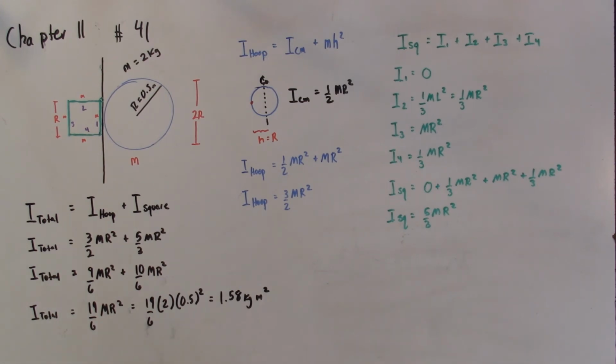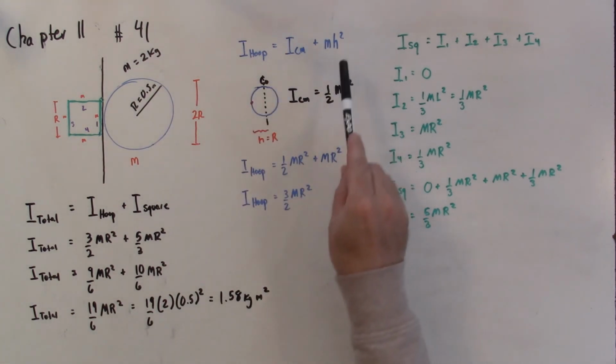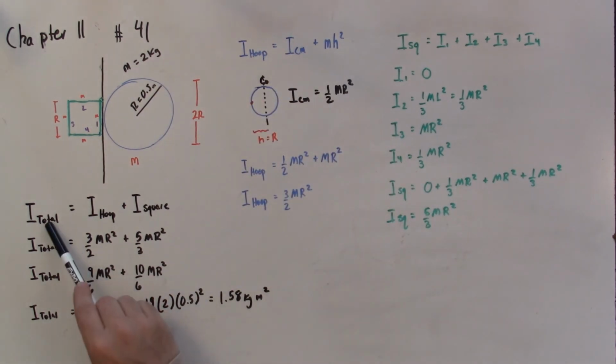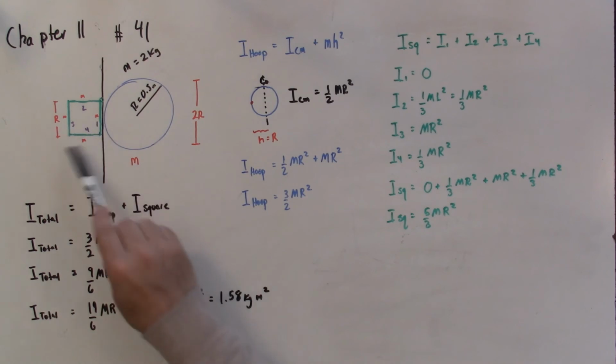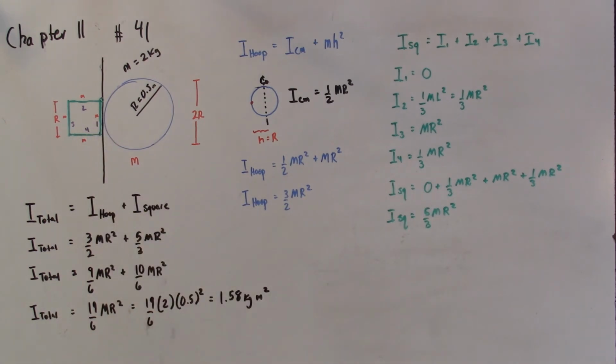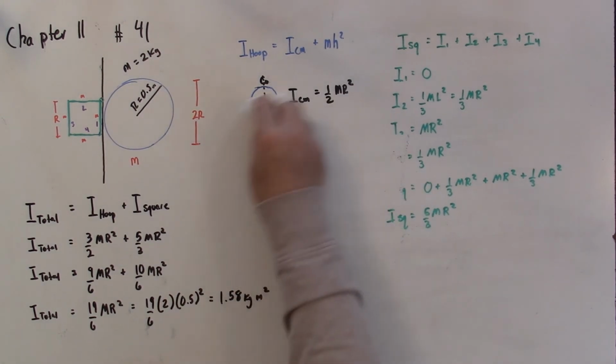Straightforward enough, but you had to know the parallel axis theorem and the fact that to get the total you just add them up, and you had to do a little bit of thinking over here, which was not super obvious. The second part of this problem says find the angular momentum about that axis. All right.